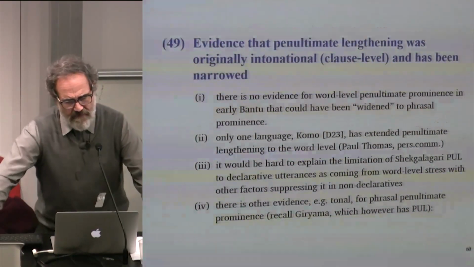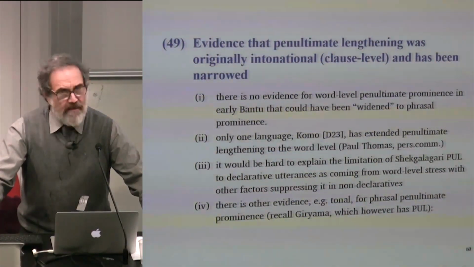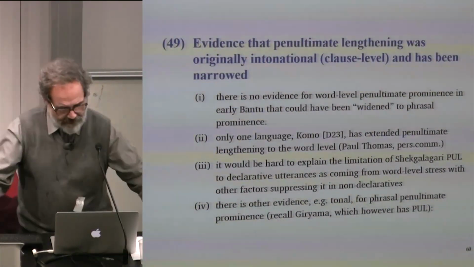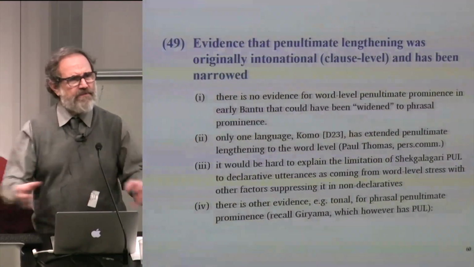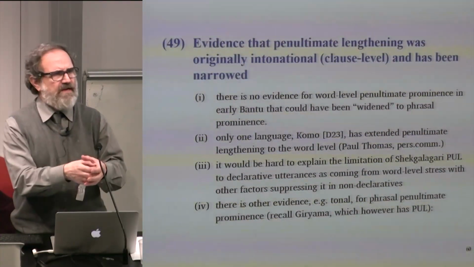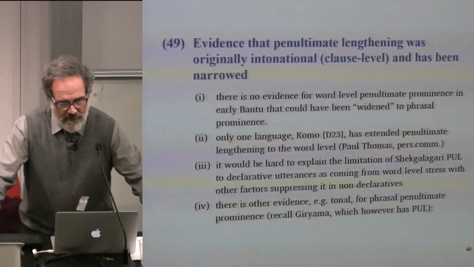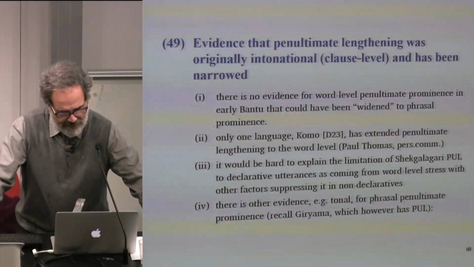So to sum up the evidence that penultimate lengthening was originally intonational, and that it's being narrowed down rather than going the other direction. First, there's no evidence for word penultimate prominence. If we thought of it starting very small, well, it should have been the stem or the word and then go out. There's no evidence for word penultimate prominence in early Bantu that could have been widened to phrasal context.